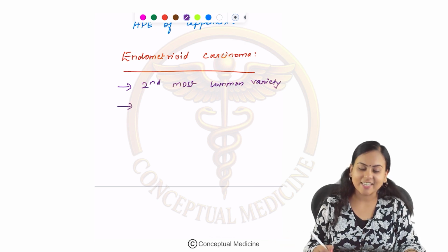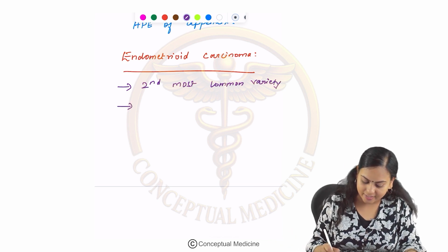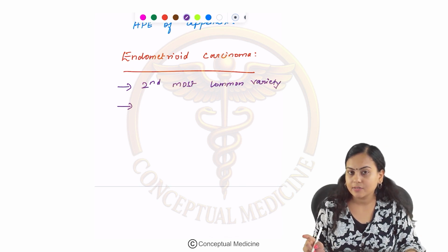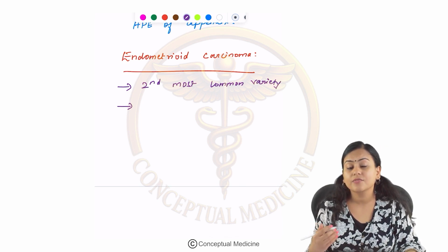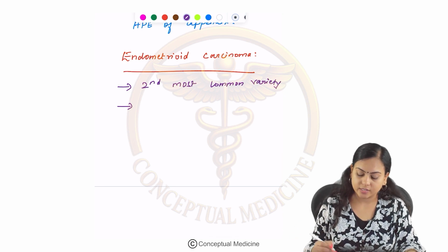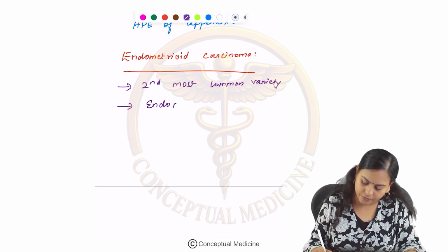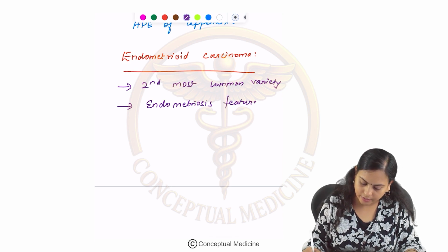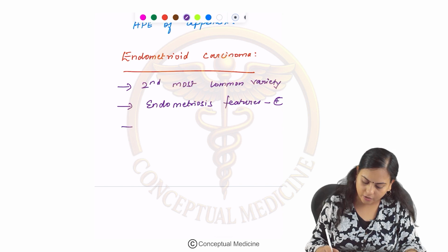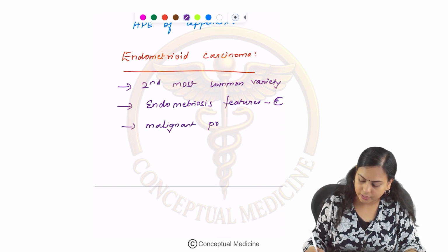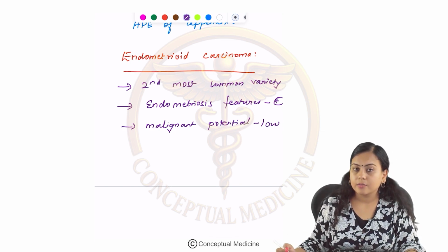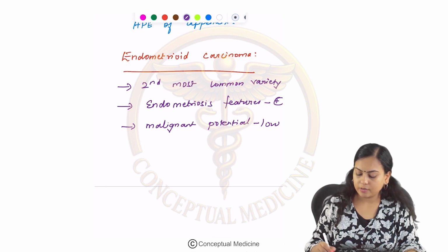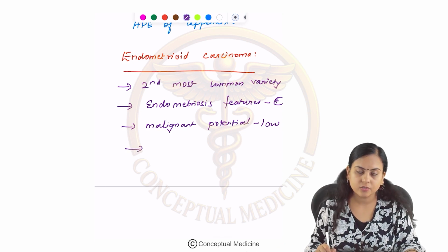So endometrioid is the second most common variety, and from the name itself you will be able to know that it demonstrates features of endometriosis. Okay, endometriosis features are seen. Okay, and also you have some malignant potential, but it is only very low. Okay, but the transition can occur from ovarian endometriosis also.